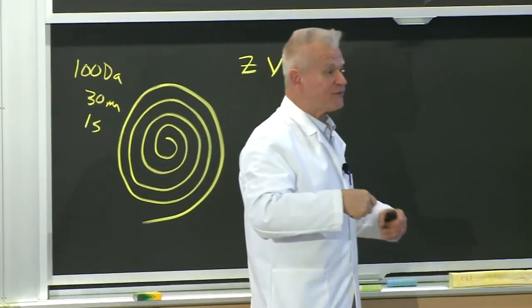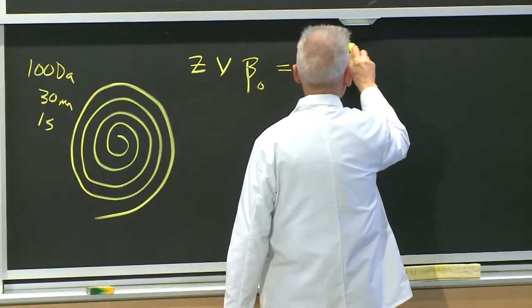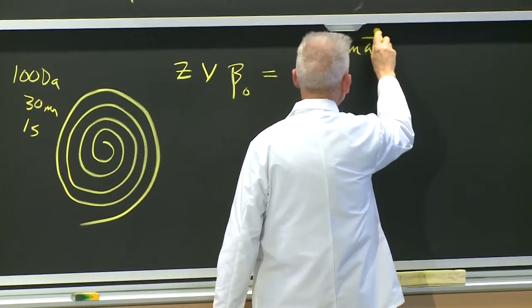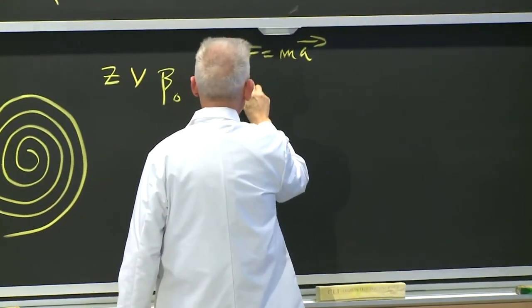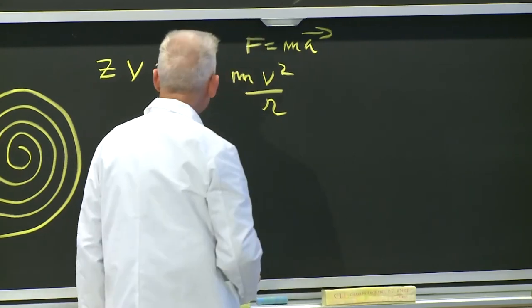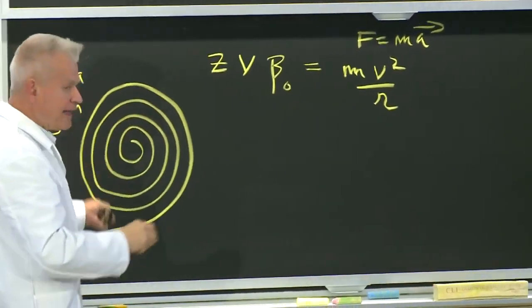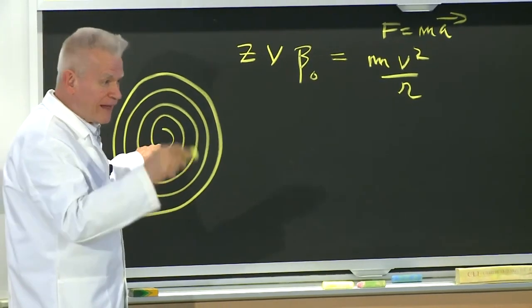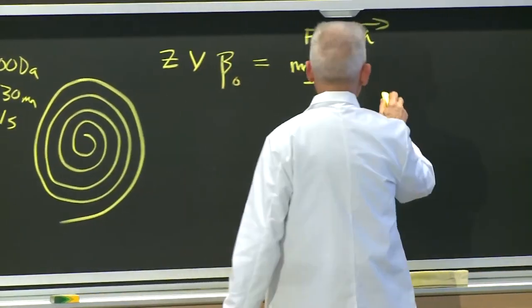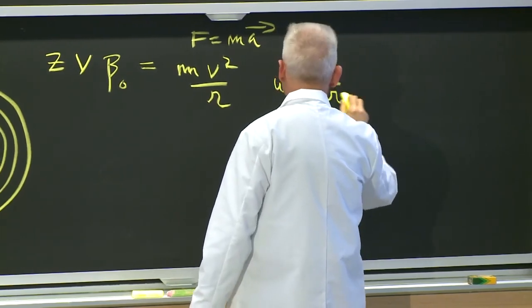So it has a centripetal force on it. And force is mass times acceleration, right? So mass times acceleration. So this is our system. And the angular velocity of that particle is given by velocity over r.